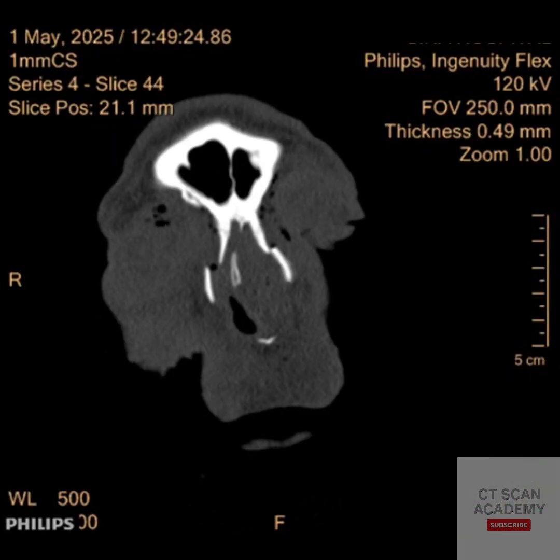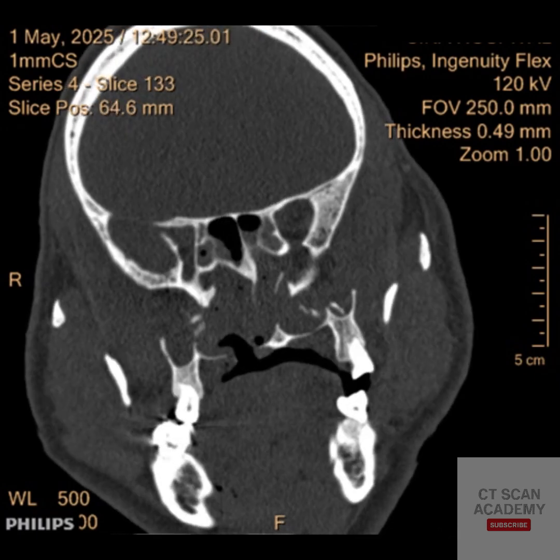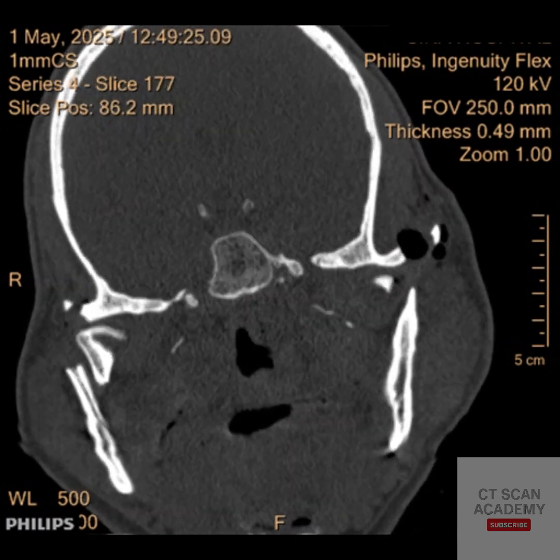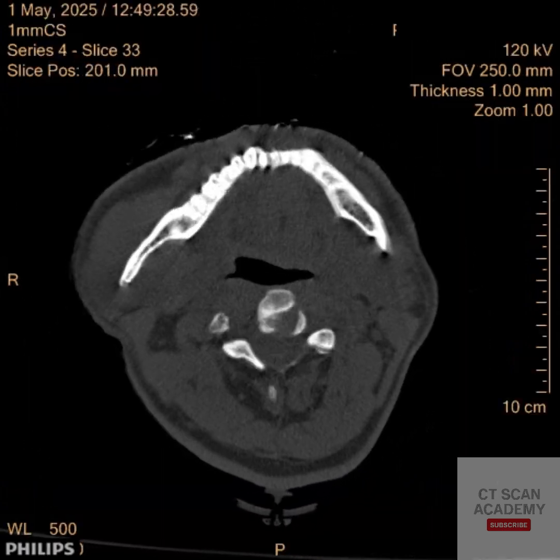These injuries represent a panfacial fracture, involving the mandible, maxilla, nasal bone, sinuses, and zygomatic bone, often accompanied by a blowout fracture.